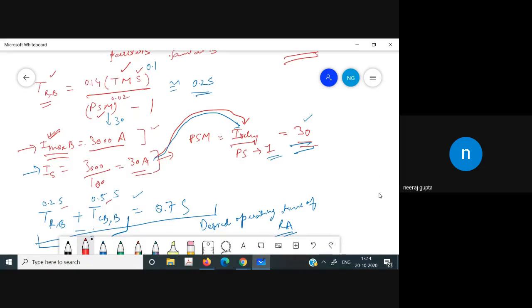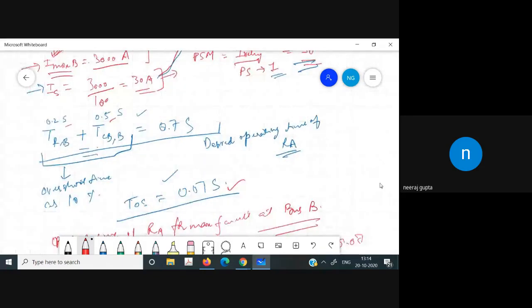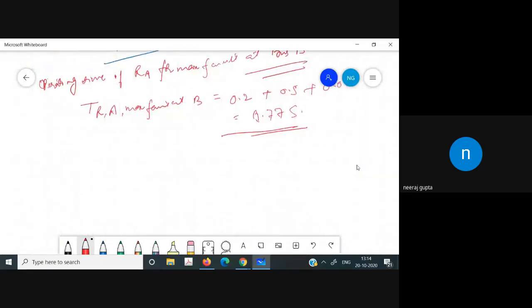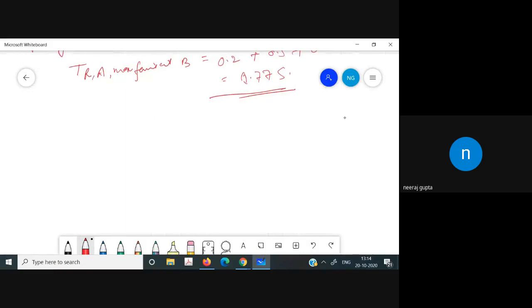So that is the main setting, and we have to complete it. We know the operating time of A now.